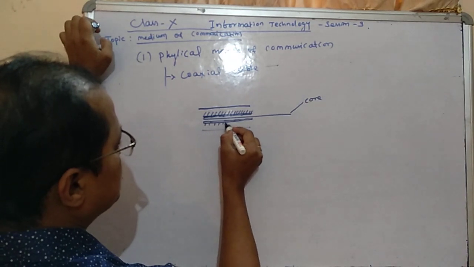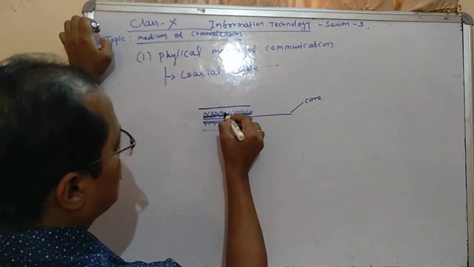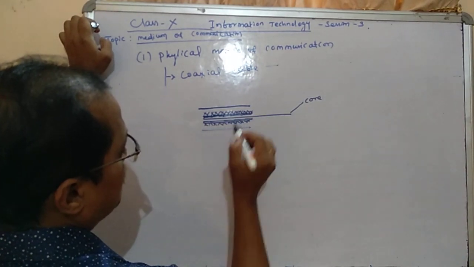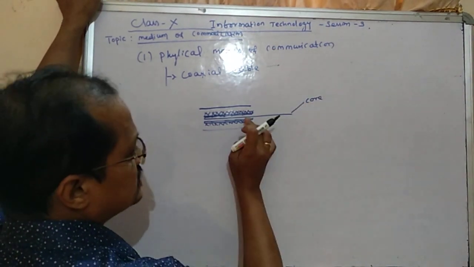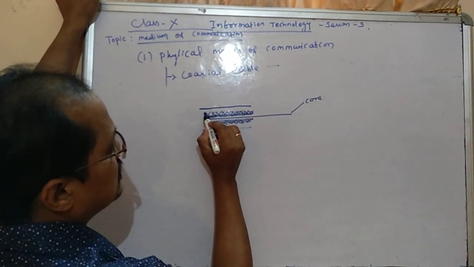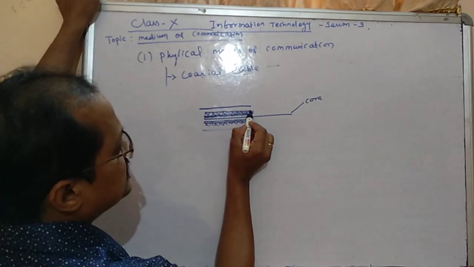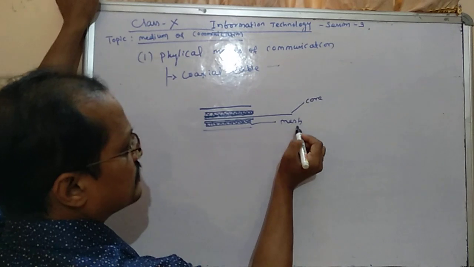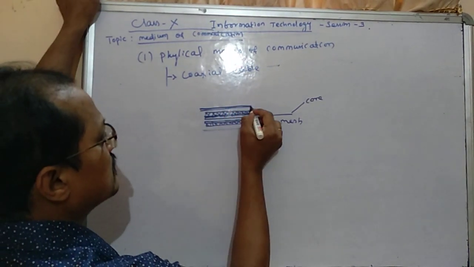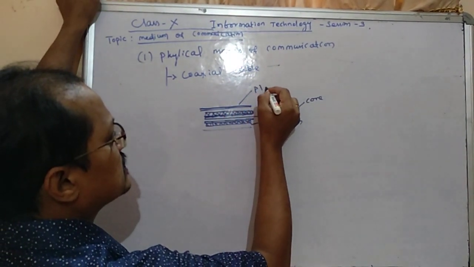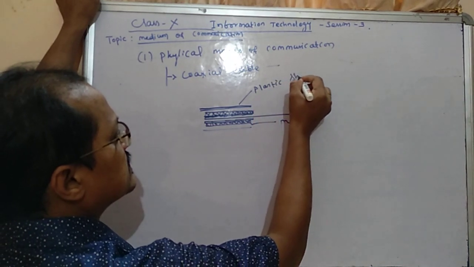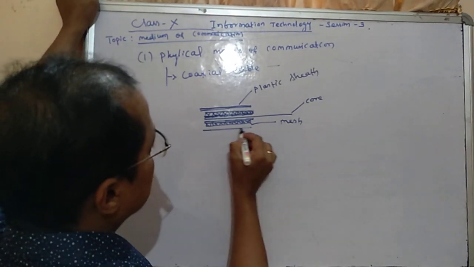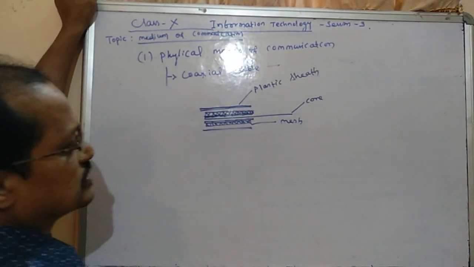If we take a piece of cable, this is the core and this is the sheath, and over it this is called the mesh. And over it you can find the plastic sheath. This is the construction of your coaxial cable.